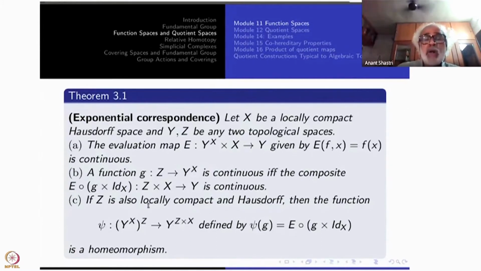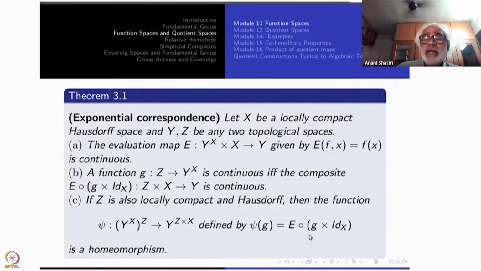Namely, if Z is also locally compact Hausdorff, the extra hypothesis there, then the function psi from Y power X raised to Z, what is this one? This is the set of all continuous functions from Z to Y power X, which occurs in statement B here. That corresponds, under B, to a function from Z cross X to Y. If that is continuous, it will be continuous, and vice versa.